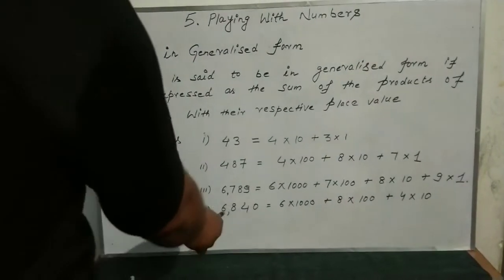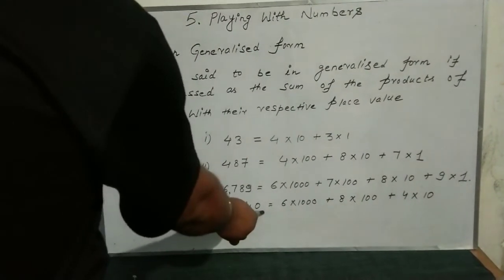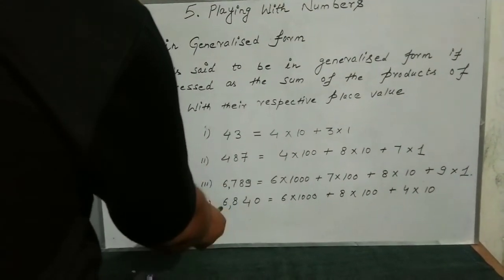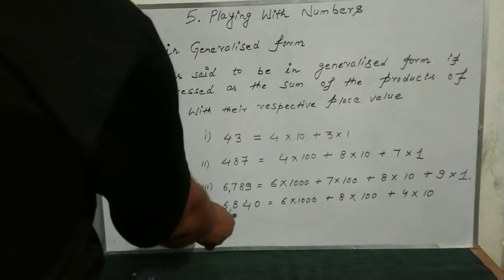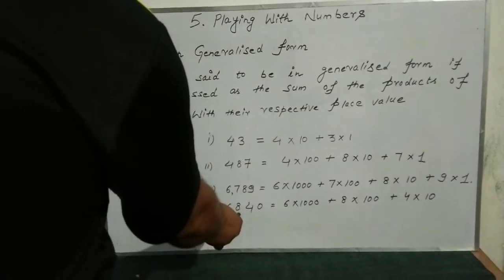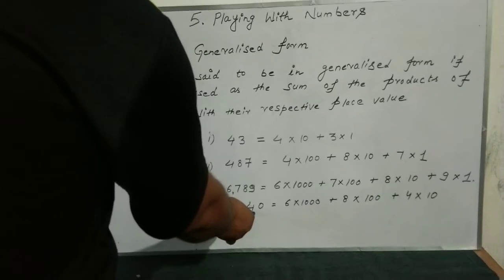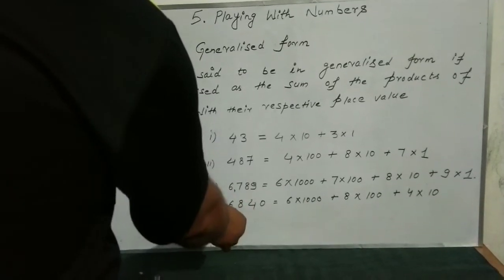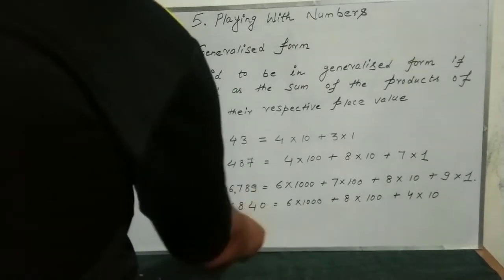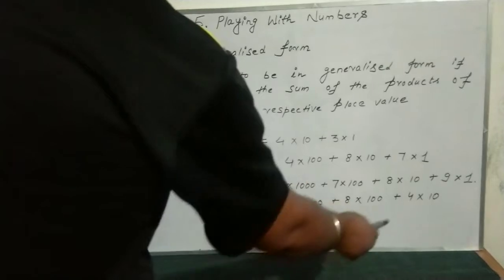Fourth example, 6840. In this example, the place value of 6 is 1000, the place value of 8 is 100, and the place value of 4 is 10. So it will become 6 into 1000 plus 8 into 100 plus 4 into 10.